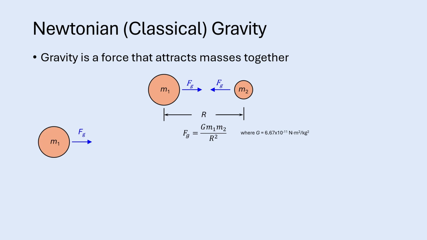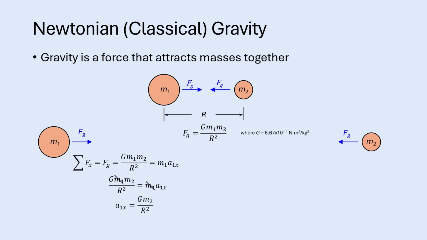If you draw a free body diagram of mass m1 and write Newton's second law, you find its mass cancels out and its acceleration is dependent on the other mass m2 divided by r squared. If you repeat the process for mass m2 and calculate its acceleration, once again you find out its own mass cancels out.